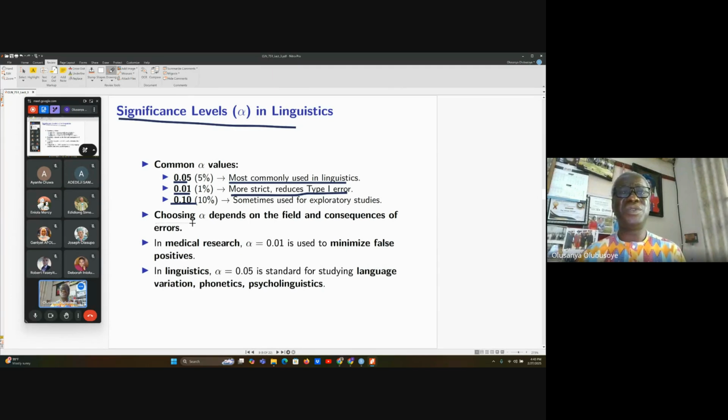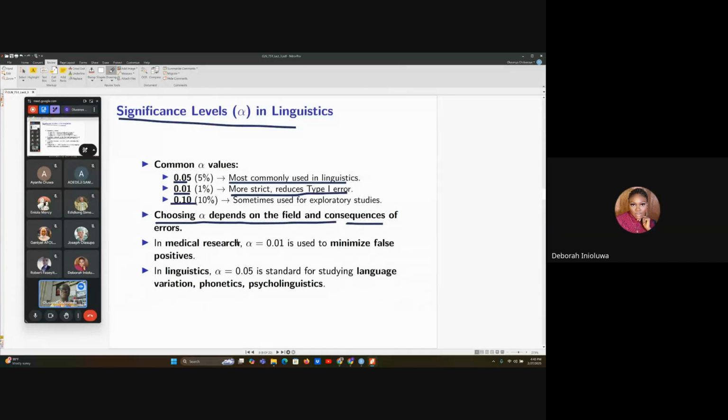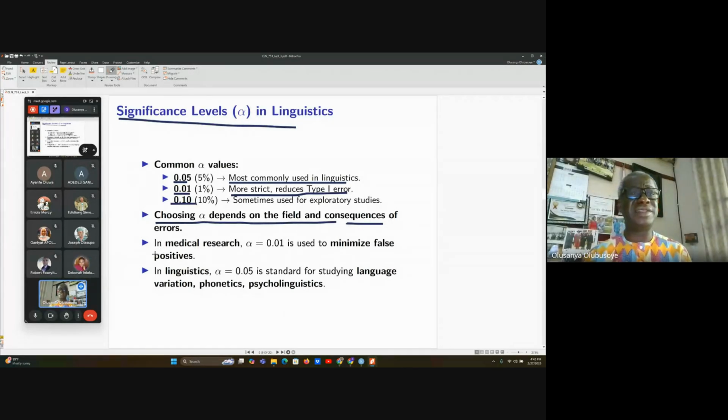So choosing your alpha depends on the field of study and the consequences of errors that you want. As I said, in medical research, they go as far as taking 1%. And in linguistics, 0.05 is a good standard.